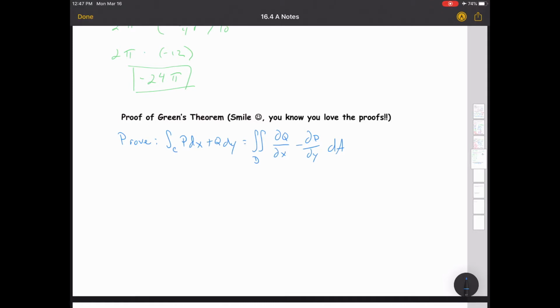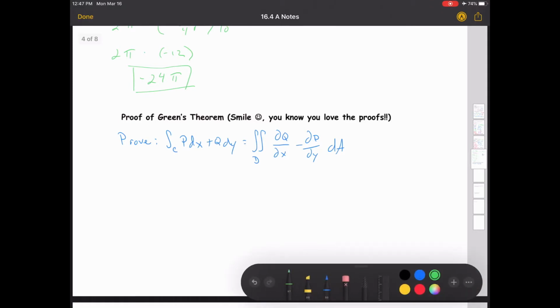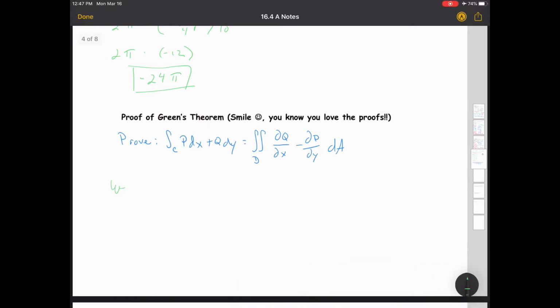So what we're going to do in our particular problem, because I'm not going to do the whole thing, it's very tedious and very long, we'll prove that the line integral over C of the p dx part, so just the first part of our integral on the top there, is going to be the negative double integral over D of dp dy dA.